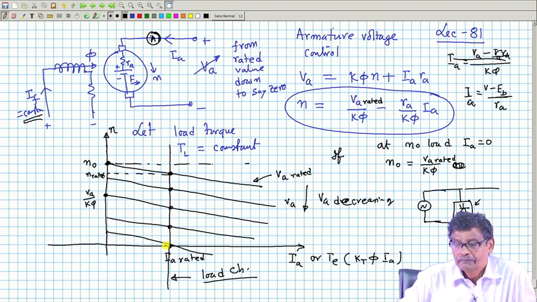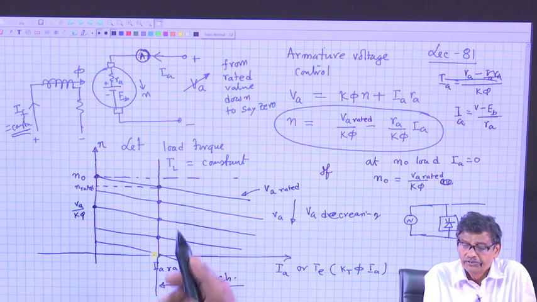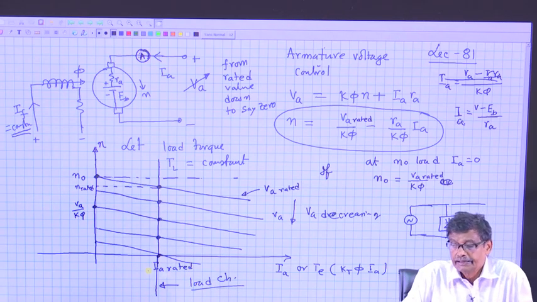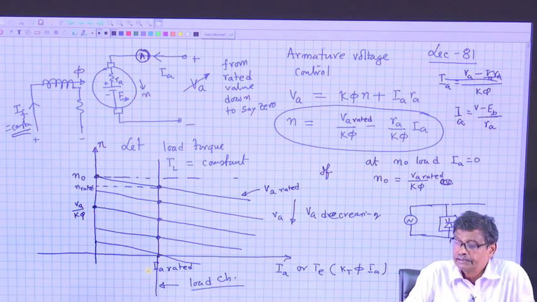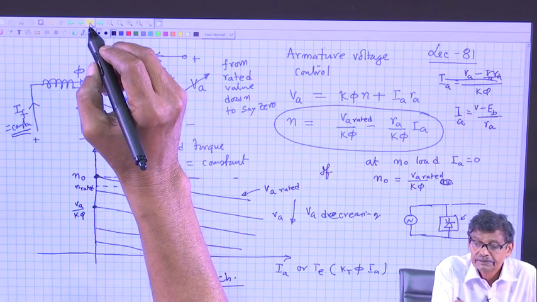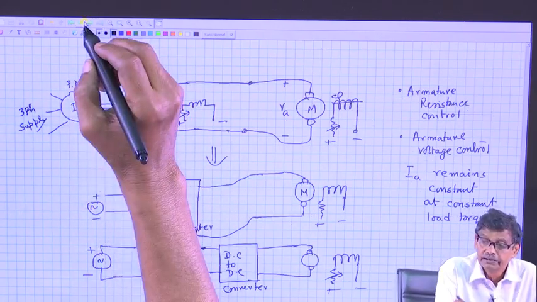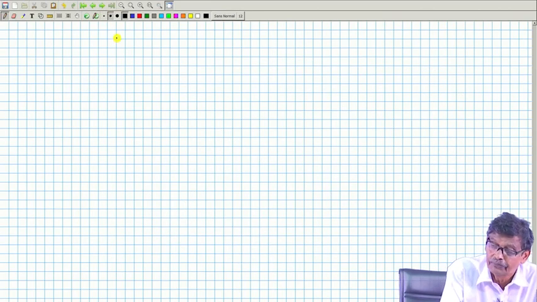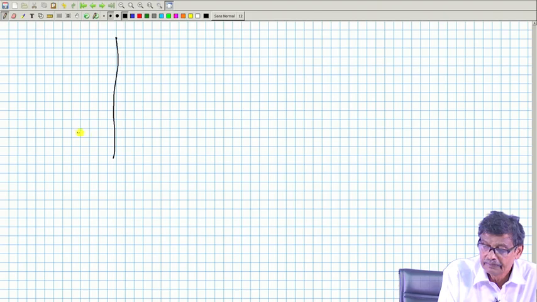I put a condition that load torque is constant, and these are the operating points. This is an interesting point, so that you can analyze on your own what is going on.